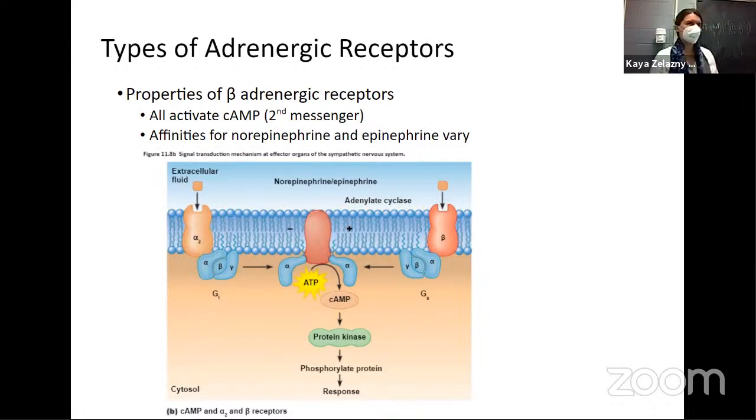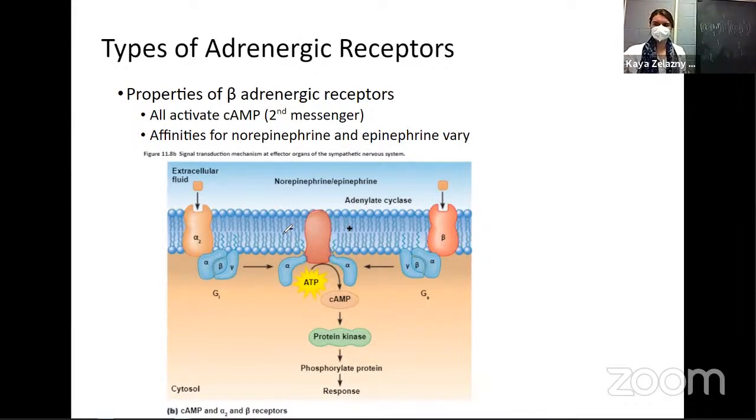So I'm emphasizing the word activate here because in this image, we actually see an alpha-2 receptor on the left and a beta receptor on the right. And we can see that they're both feeding into the same system, the cyclic AMP system. But what the difference is here, you have to look quite closely.